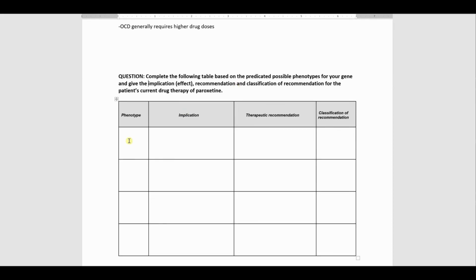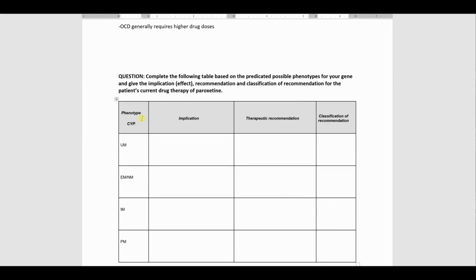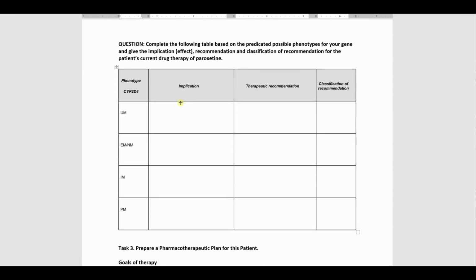So let's go ahead and fill in those phenotypes that we've already done before. So what do I put in here for CYP2D6? Because that's what we're talking about here. Ultra-rapid metabolizer, extensive or normal metabolizer, intermediate metabolizer, and a poor metabolizer. Now let's talk about the implications of each of them. First, for an ultra-rapid metabolizer, it would be increased metabolism. For extensive metabolizer, it would be just normal metabolism that we would generally expect for the majority of the population.